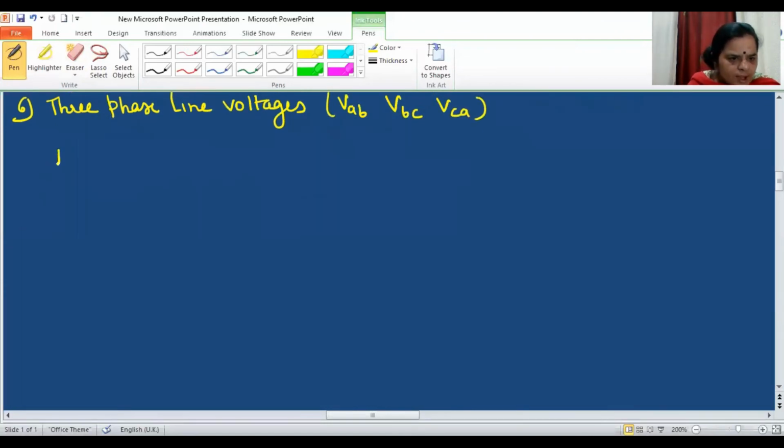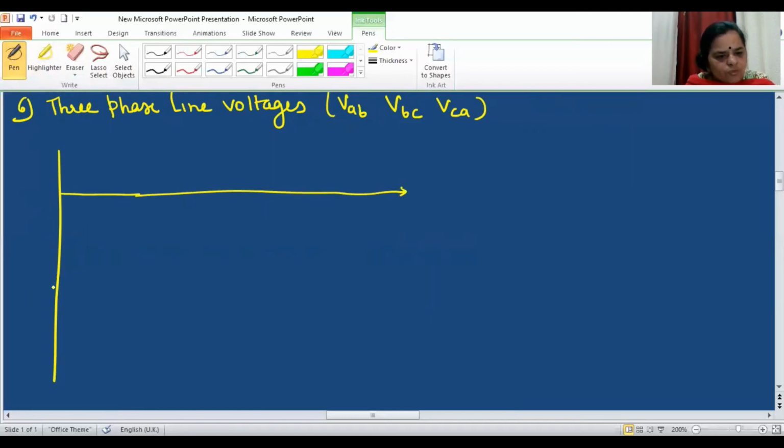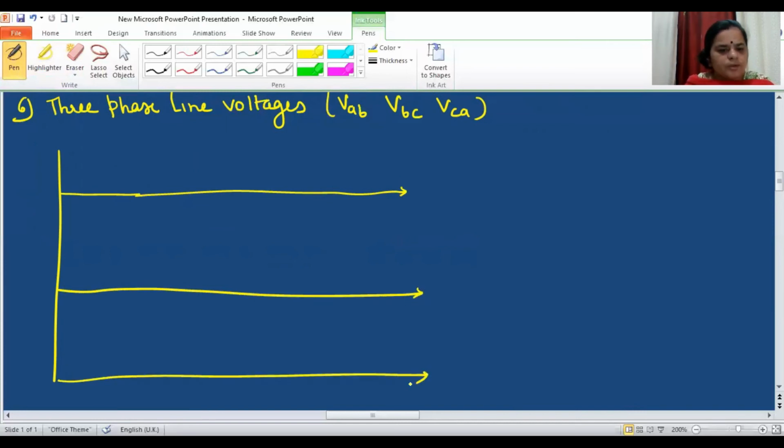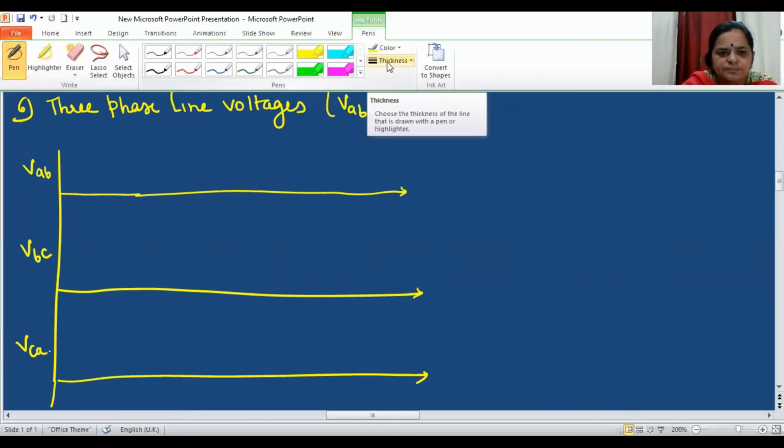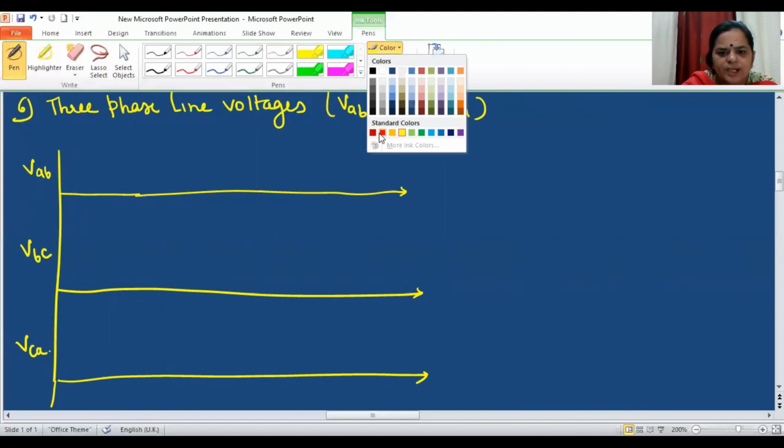So again, I am supposed to draw the y-axis, then the x-axis: one x-axis for VAB, this is for VBC and this is for VCA. So here I am going to plot VAB, here I am going to plot VBC and here I am going to plot VCA. Now let us write the duration with the help of red color.